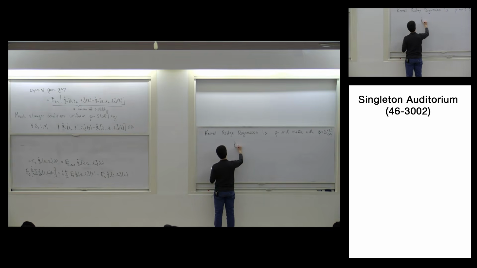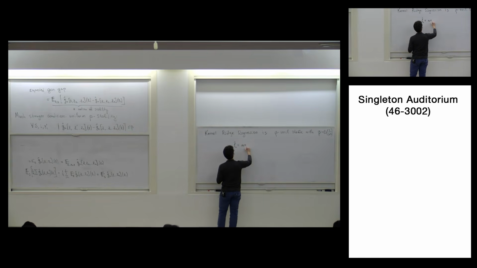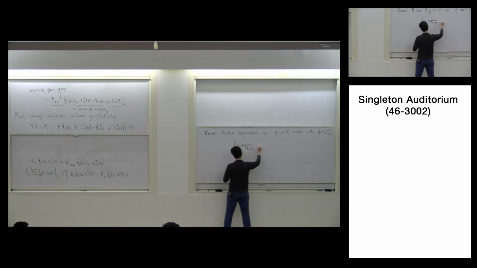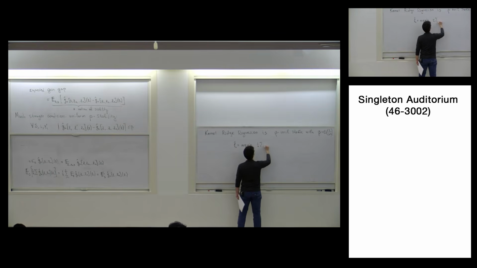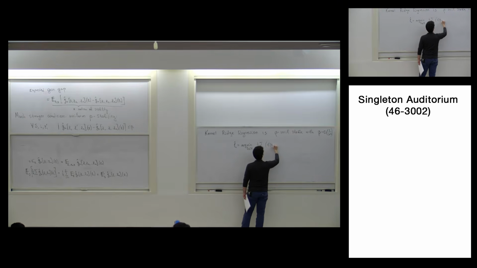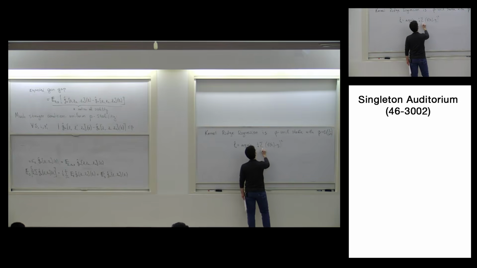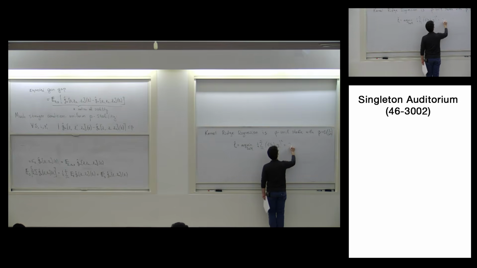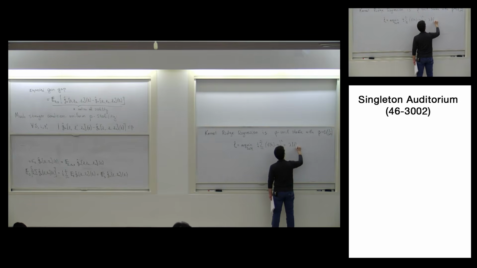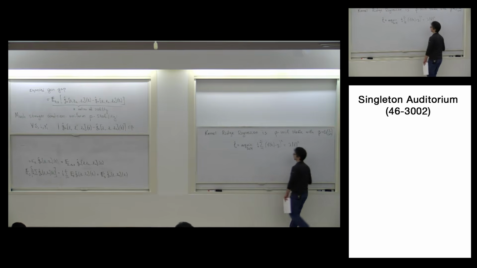f hat n is the argmin over f in H of 1 over n, sum of (f of x_i minus y_i) squared, plus lambda times the norm of the function in the RKHS.